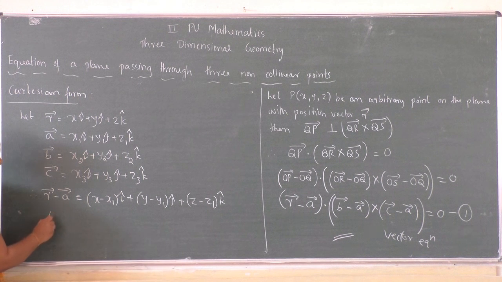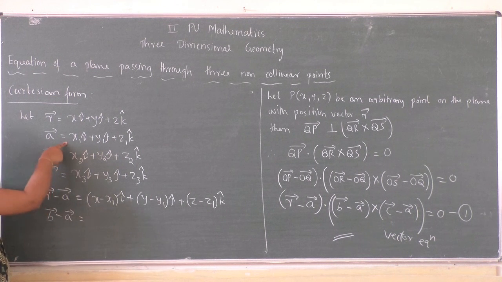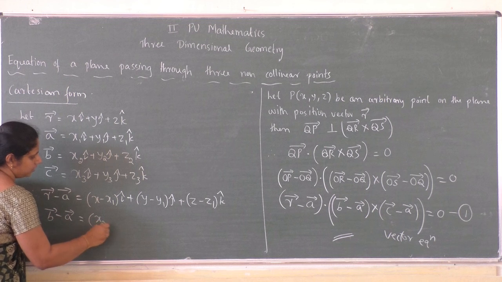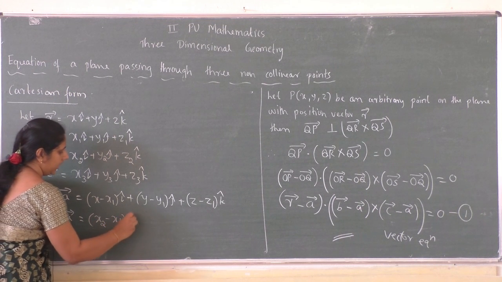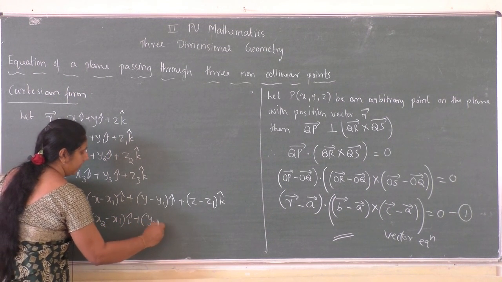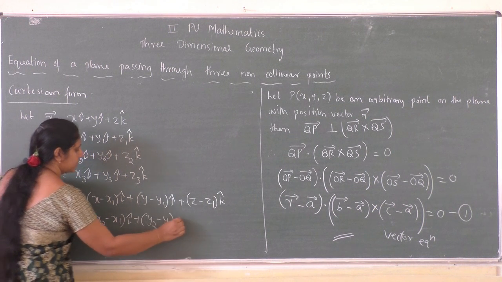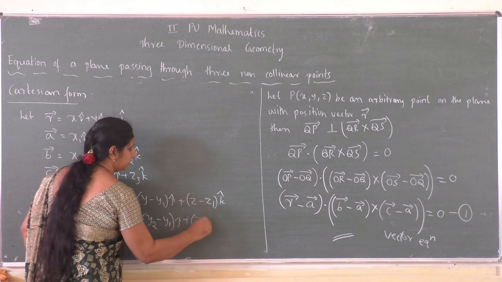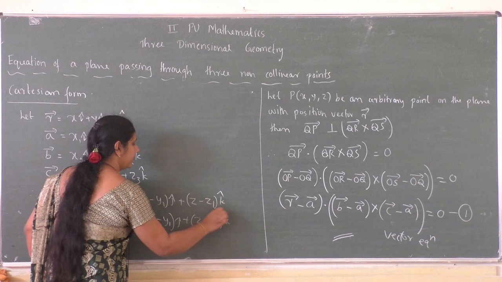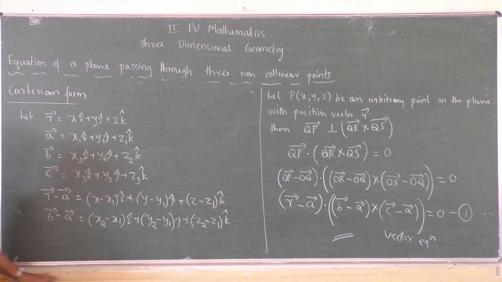Similarly, B vector minus A vector is x2 minus x1 i cap plus y2 minus y1 j cap plus z2 minus z1 k cap.